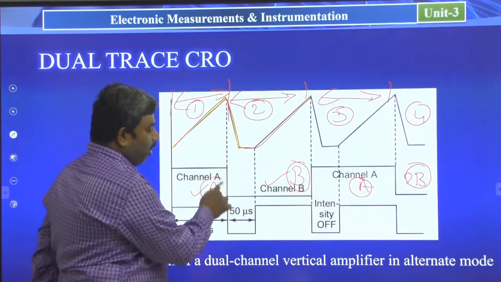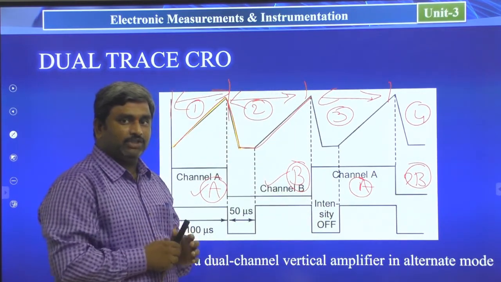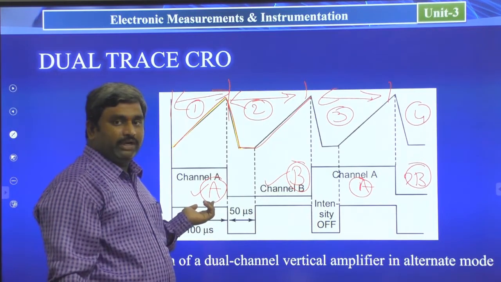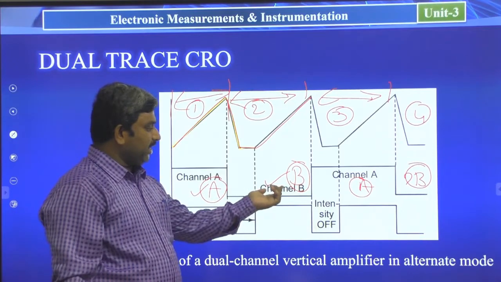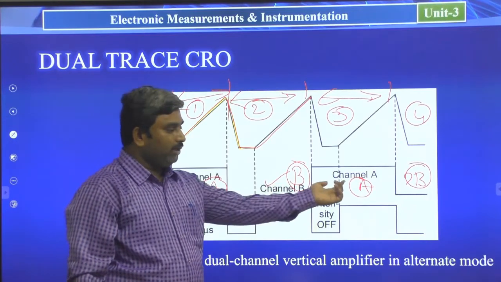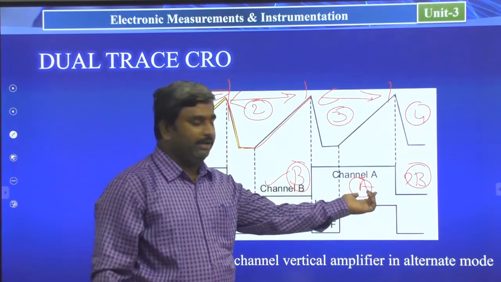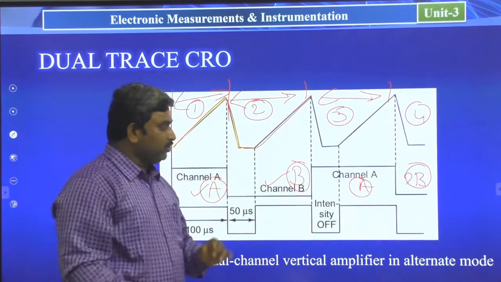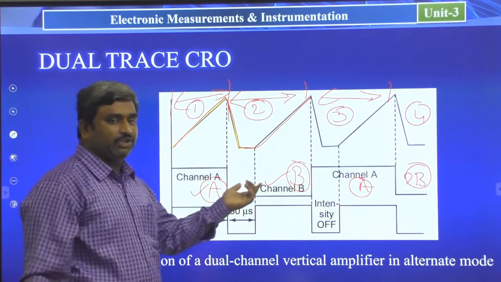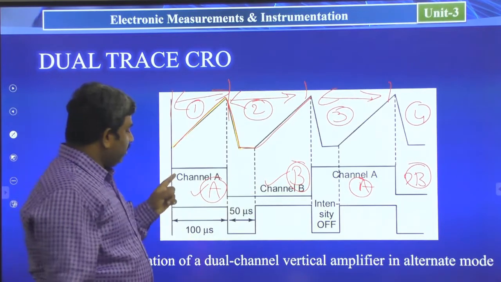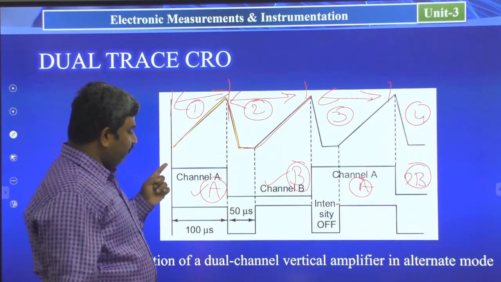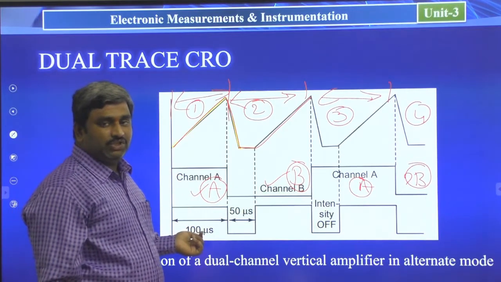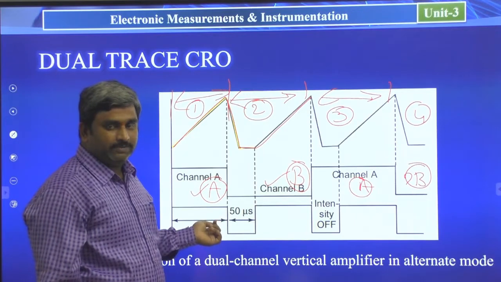So alternately you are getting channel A information and channel B information. Channel A in the first sweep period, channel B in the second, channel A in the third, and channel B in the fourth. So whenever the channel A information is presented, at that time the intensity of channel B is turned off.